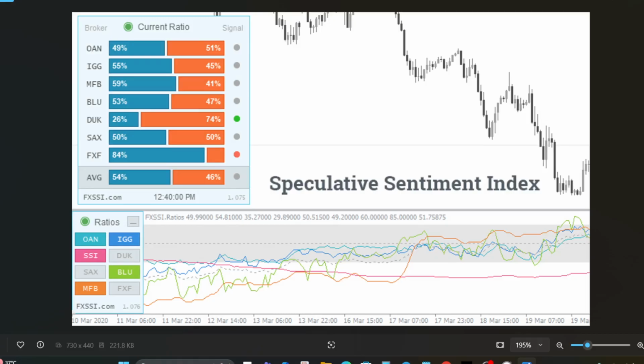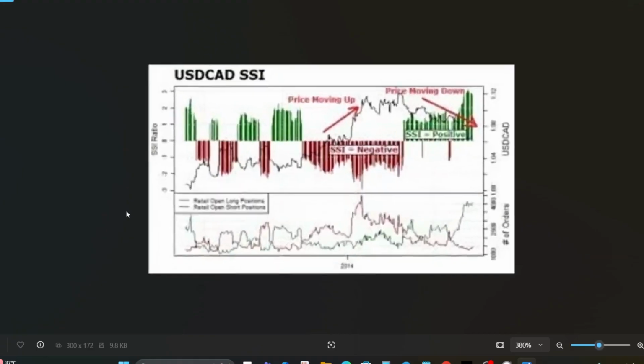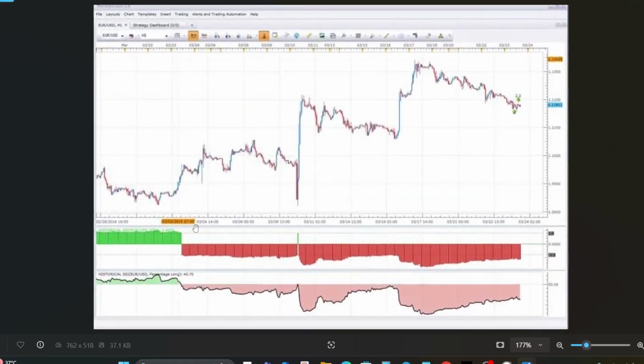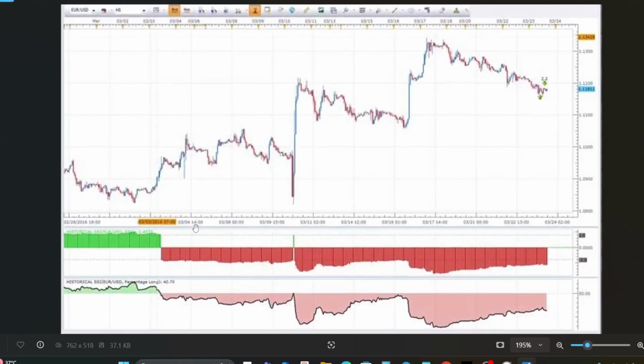Also, it helps you align with institutional traders instead of trading against them. And then it works across all Forex pairs, making it a versatile tool for any strategy. So if you are serious about improving your trading, SSI could be worth adding to your trading toolkit.